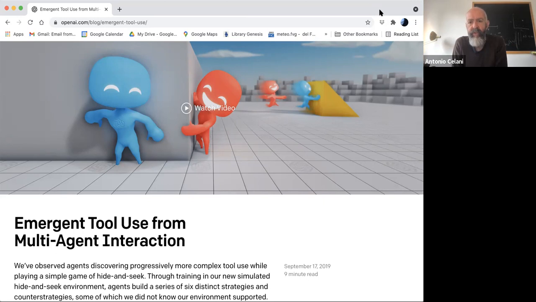Okay, so multi-agent learning could be the key to developing artificial general intelligences.